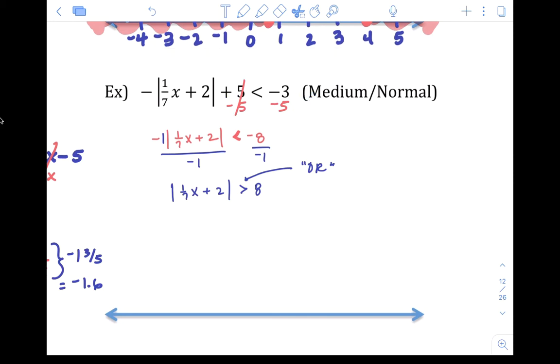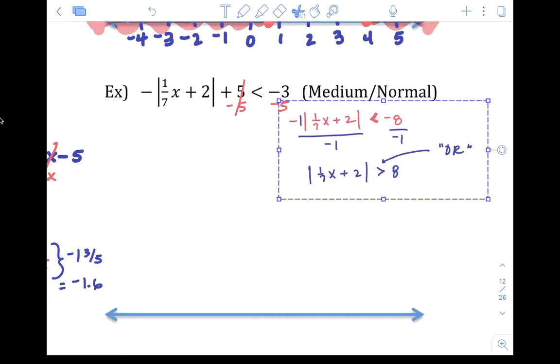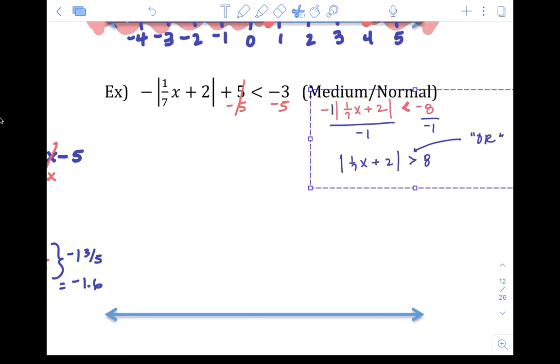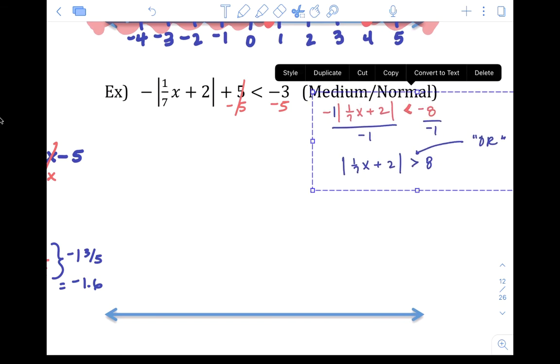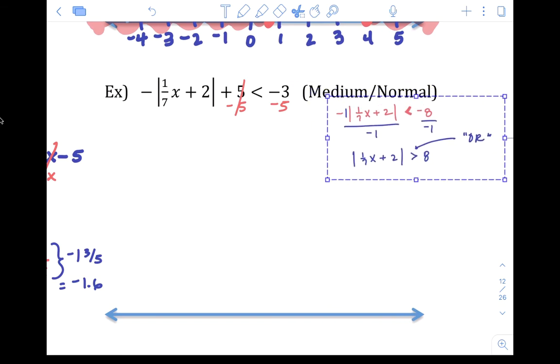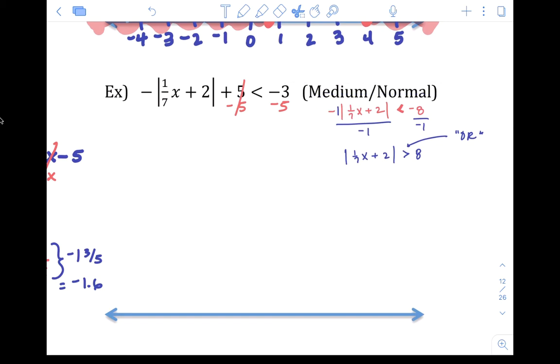Actually, what I'm going to do is I'm going to put that over off to the side, and maybe size it a little more. Okay, so what are we really working with here?